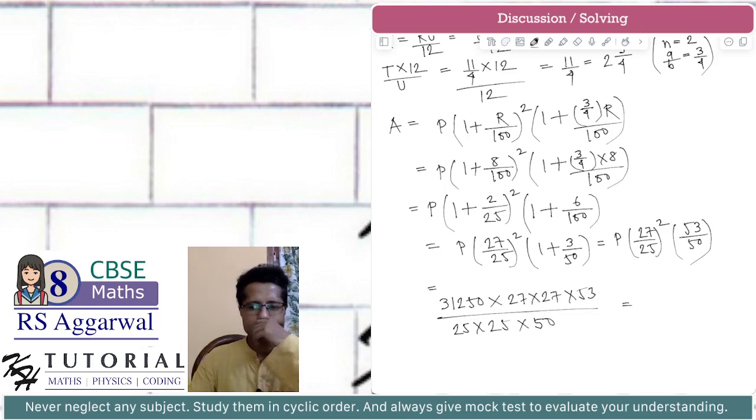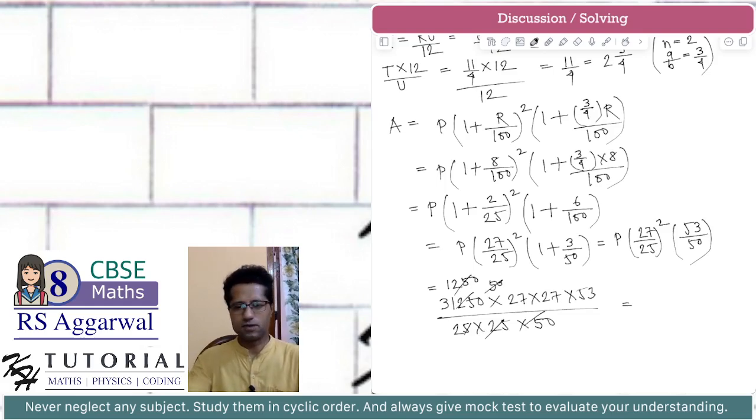This is equal to 625. 25 cancels 31250 leaving 1250, and 25, I hope, will cancel 1250 with 50. 50 cancels.